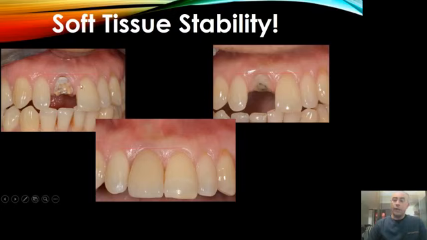So we used the bone graft also in this case. So extraction of the tooth, the provisional custom healing abutment. After 4 months of the implant placement, we have stability in the tissues, and even after delivering the final crown, this picture is 1 year after delivering the crown, we still have some stability of the soft tissue in general.